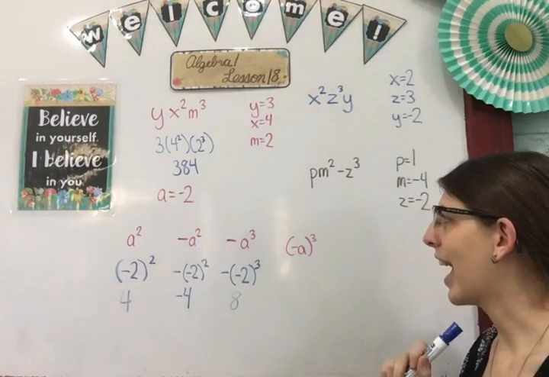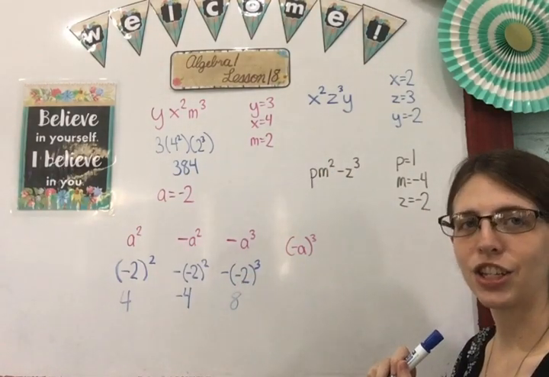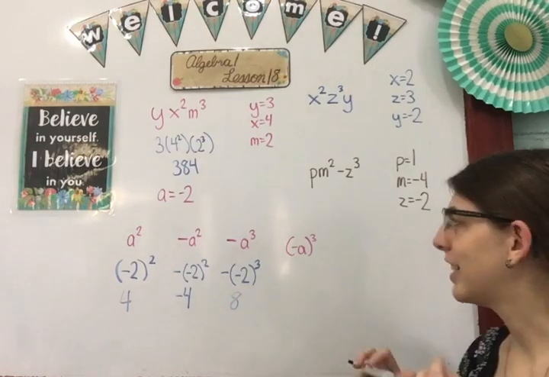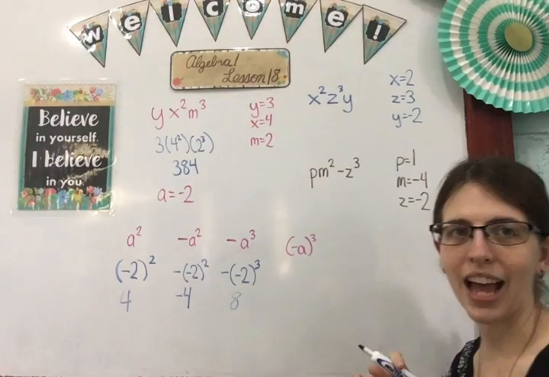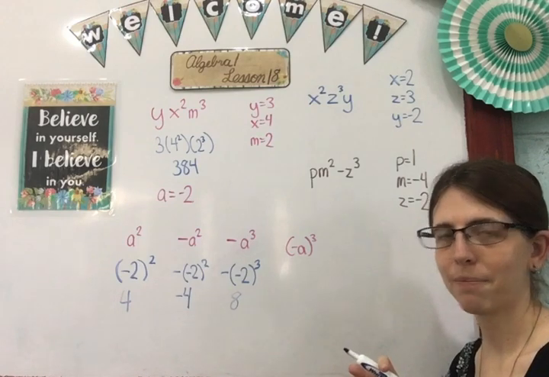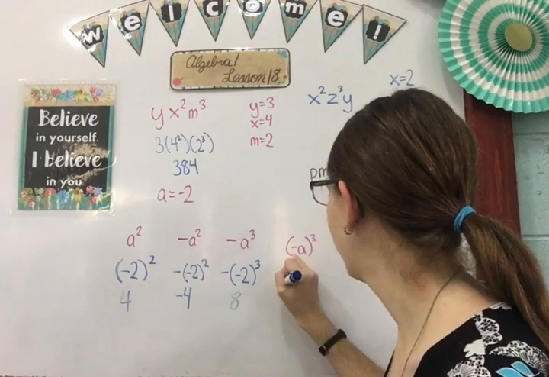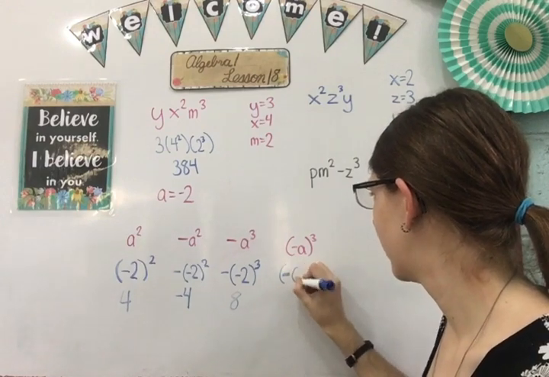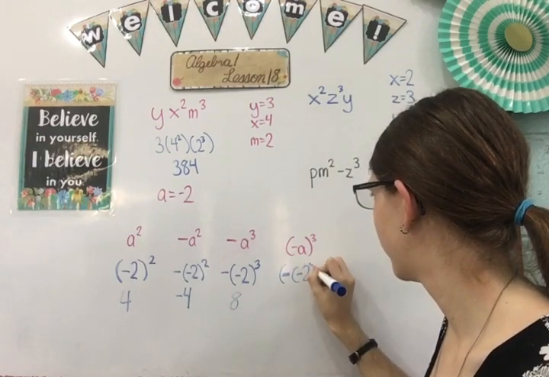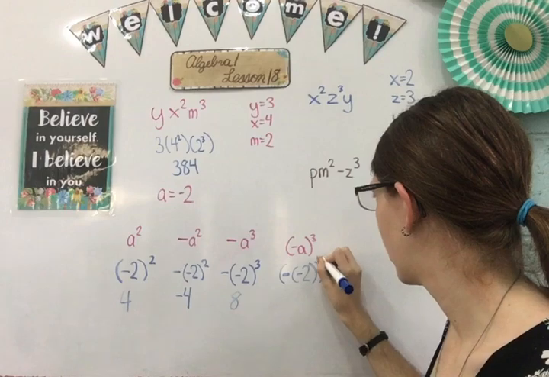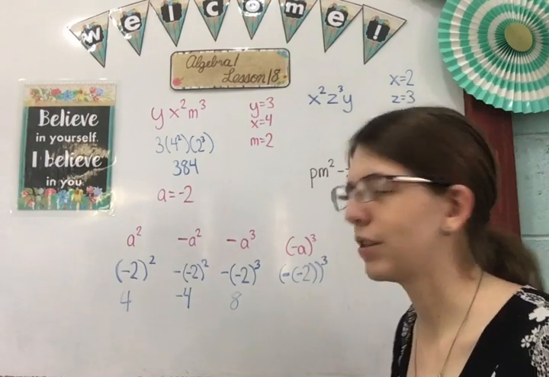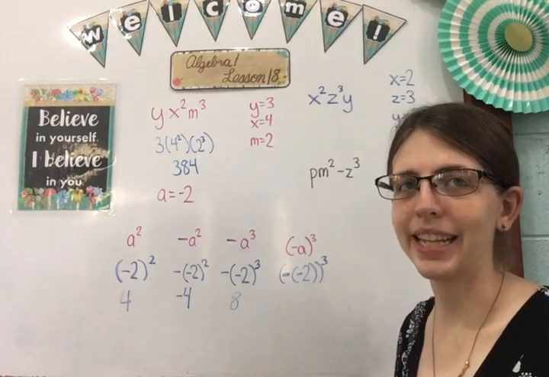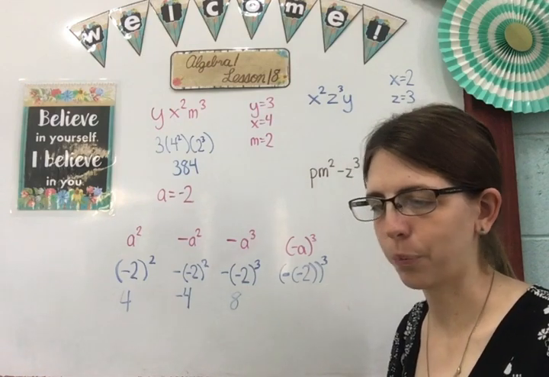And finally, I have negative a cubed. So this is, notice I have the negative on the inside of my parentheses, okay? So I have the opposite of negative 2 cubed. So what's the opposite of negative 2?